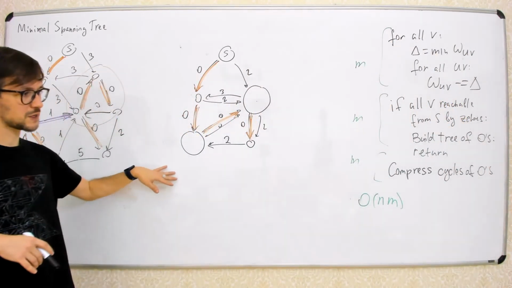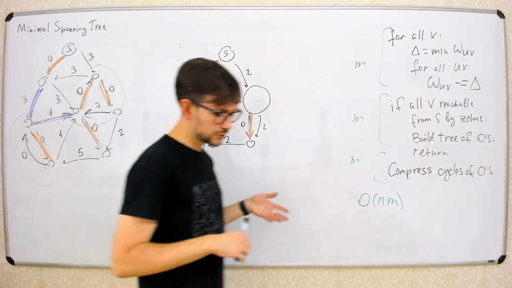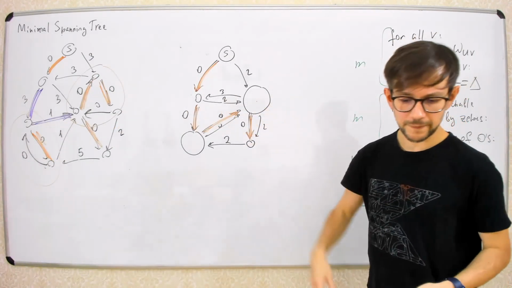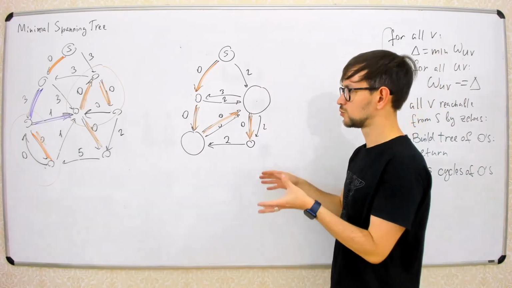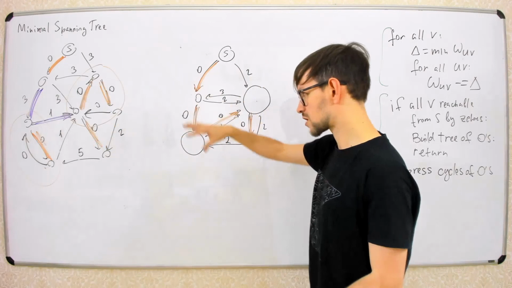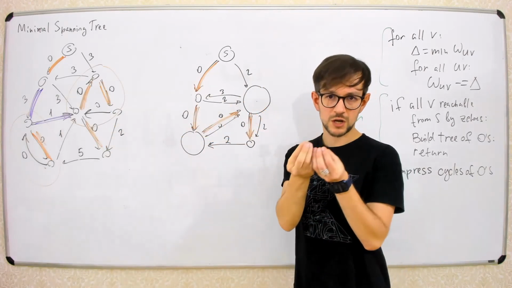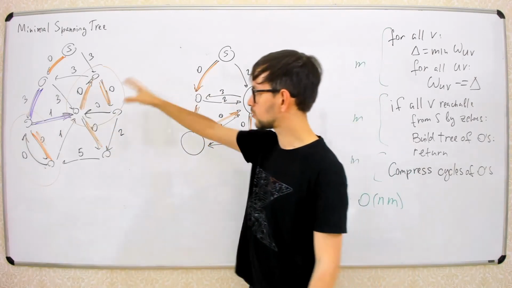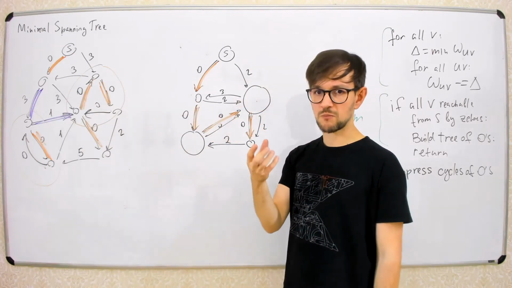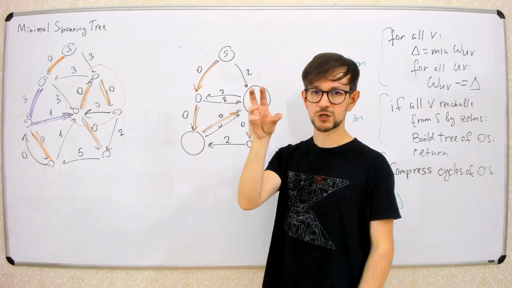If you want to build a fast algorithm, you need to do it in a slightly different way. So what's the problem here? The problem is that I'm trying to build a lot of things. I'm building all these structures, and then just compressing a small cycle. So I spend a lot of time remaking the whole graph, and in the worst case I just compress two nodes into one.